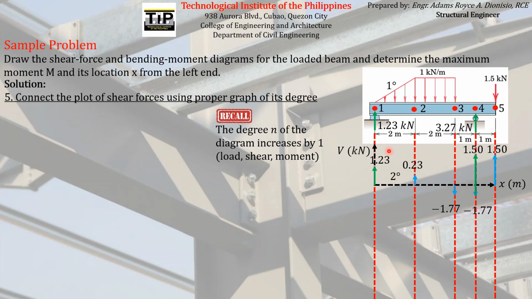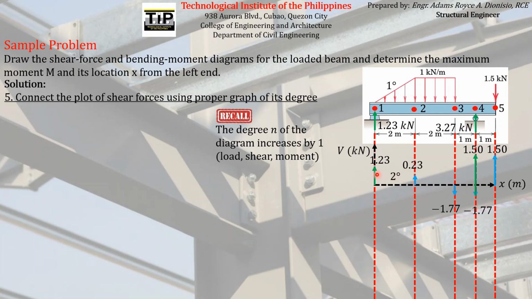And if you can remember, second degree equations are actually parabolas. But if you can remember as well, there are certain types of parabola. We have a parabola that concaves upward or downward.